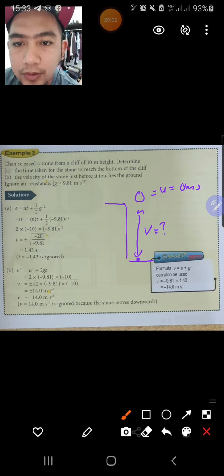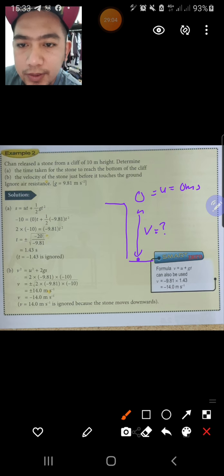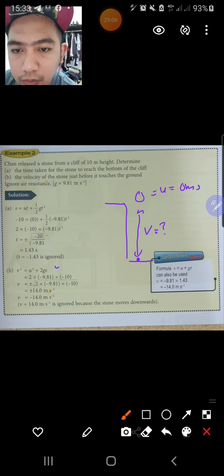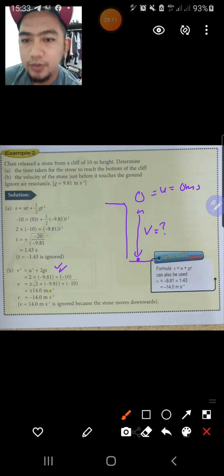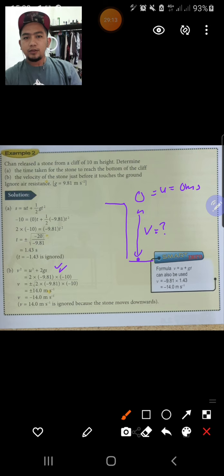Based on the information given, we choose this formula: V square equals U square plus 2GS. Just substitute into the formula.